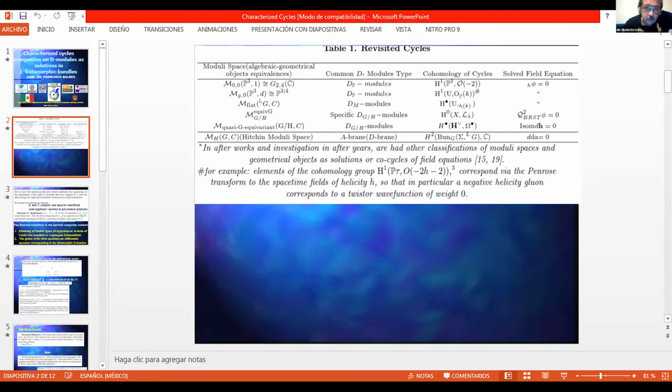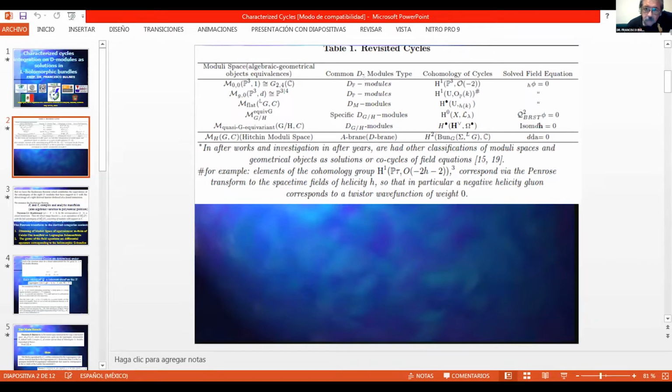From the fourth line onward are the moduli spaces obtained by me.